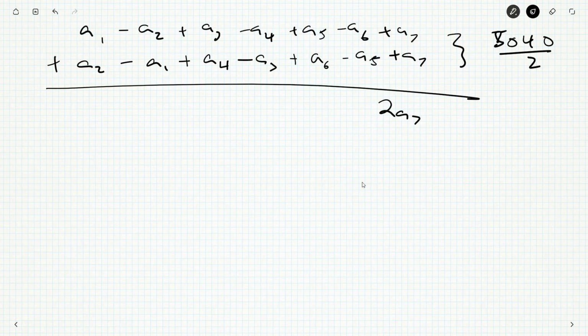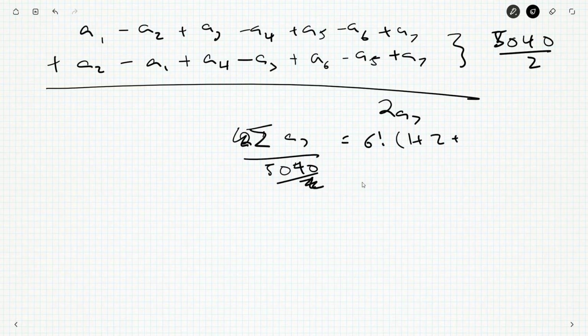So we're really just adding up all the A7s possible, times 2 divided by 5,040 over 2. The 2's cancel out, and so once again, we're just adding up all the A7s and dividing by 7 factorial. And this sum, as we've already talked about, is just 6 factorial like this. So there's another way to view the problem.